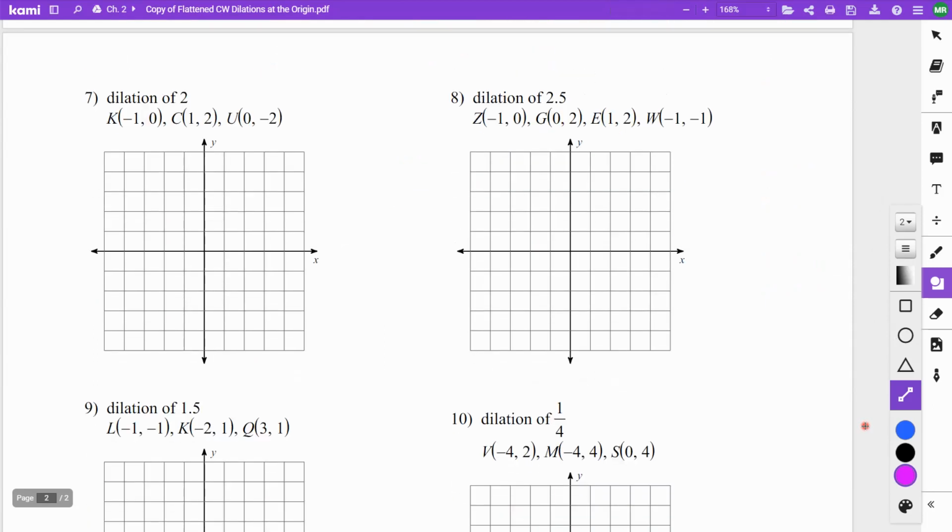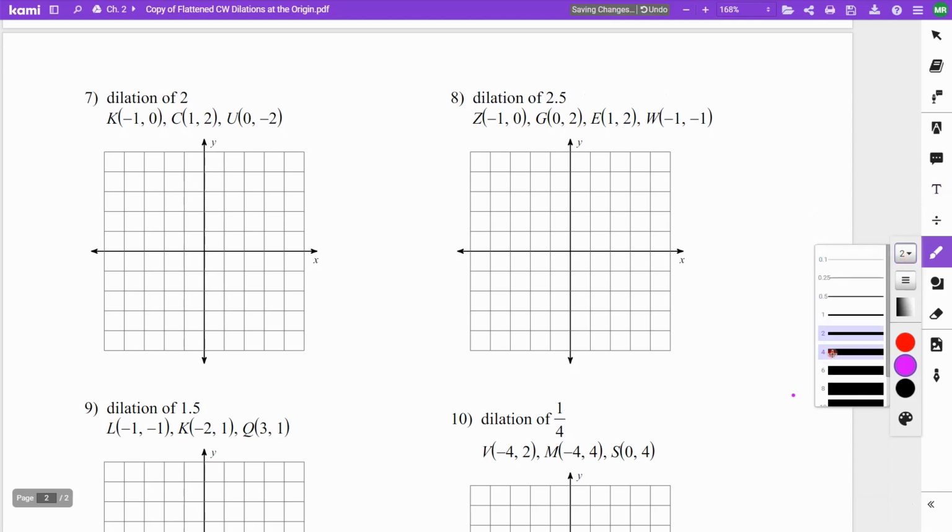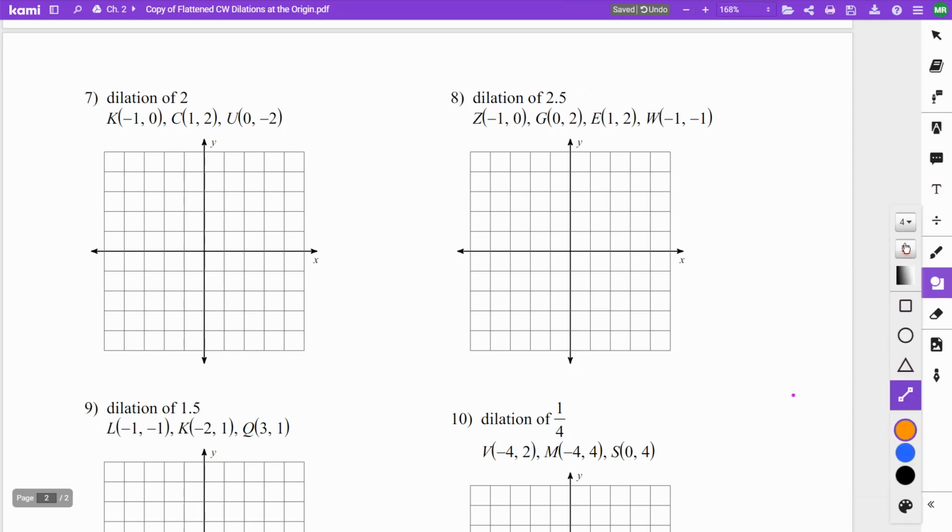Now on this one, I'm going to plot them and then do the dilation. So I'm going to plot them in orange, the original one. So my first point is going to be at -1, 0.